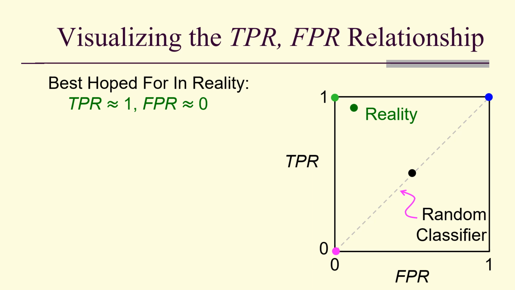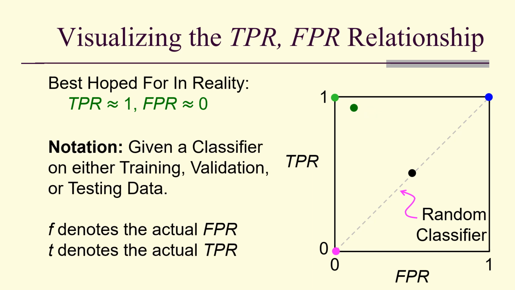But in reality, we'll probably only ever get very close to that corner. So let's use some notation. Little f is the false positive rate, little t is the true positive rate. And so we've got this point close to but not exactly equal to the ideal with the coordinates (f, t).